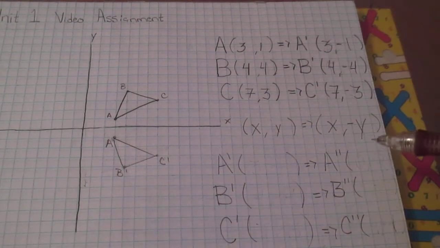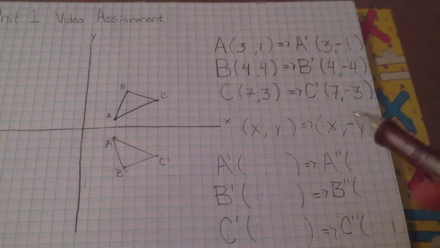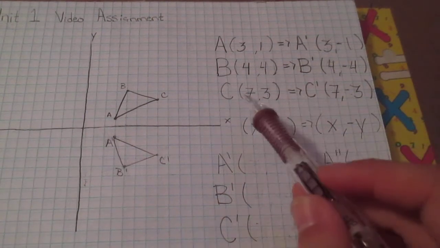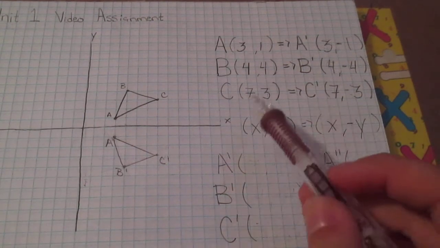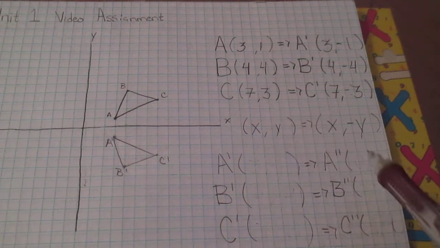Now as you can see, I already written down the algebraic rule for this expression because I have memorized this reflecting over the x-axis, and I have seen that the x-coordinates have not changed, but the y-coordinates have changed from positive to negative.